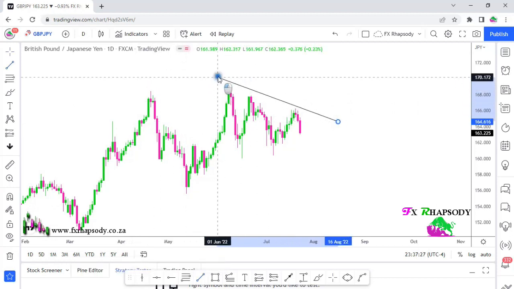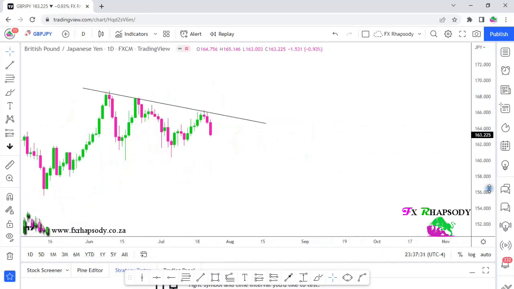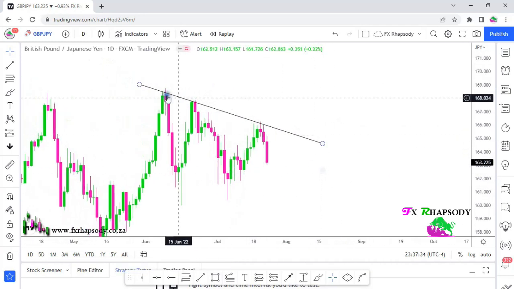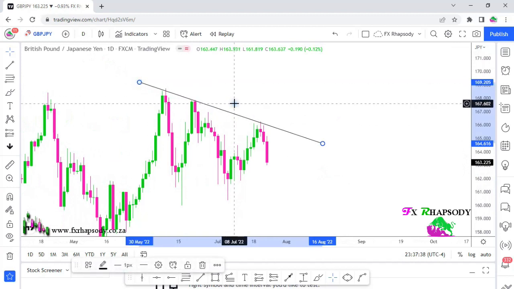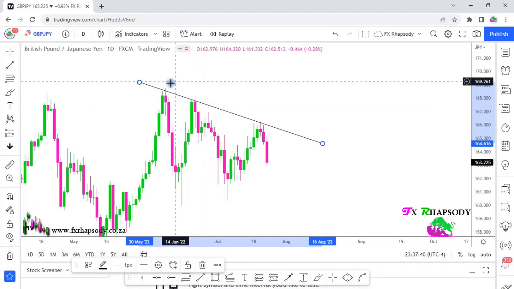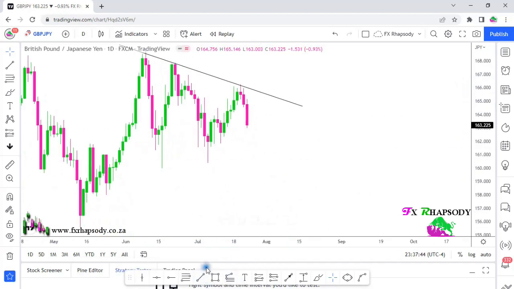We did do analysis on this before, previous weekend. I'm just going to zoom in a little bit. As we can see, that liquidity has not been tapped out on these top candles over here. So we still have the liquidity up here, and then there's some type of a wedge that is forming.